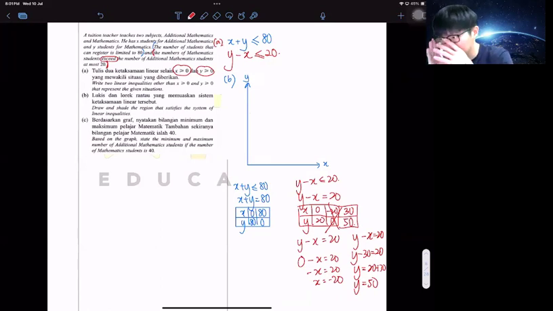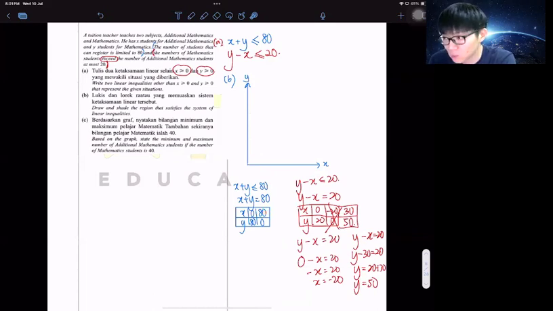Okay, now that I can see the numbers, the biggest is 80. So those who are using graph paper, I think y-axis, the vertical one should have more space. So you can go 0, 10, 20, 30, 40, all the way until 50 here. Maybe this side is shorter, may not be able to reach 80.